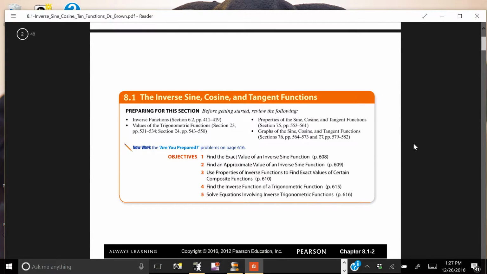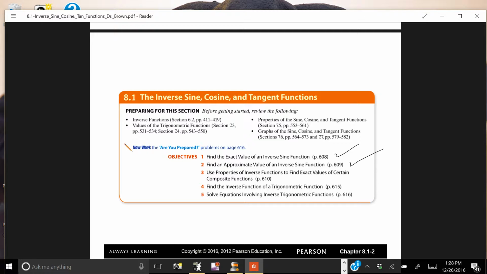Some of the things we're going to do in this lesson is find the exact value of an inverse sine function. Basically, we're going to define the inverse sine function and show you how to calculate it, either using a calculator or using a trig table or the unit circle. Then we're going to use our calculator to find the approximate value of an inverse sine function, and I'd like to point out here that with today's calculators, the values that we pick are very close to the exact value.